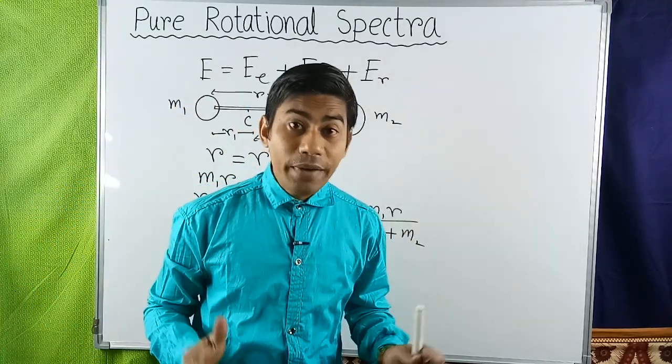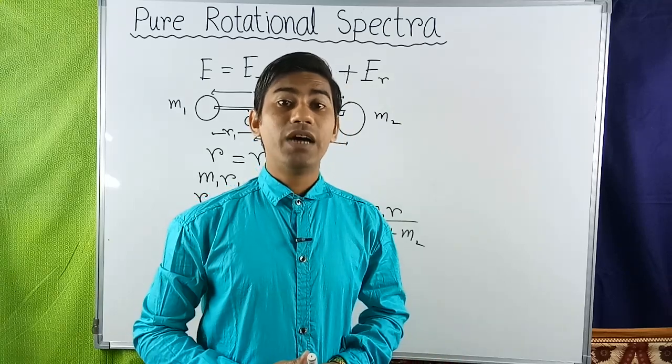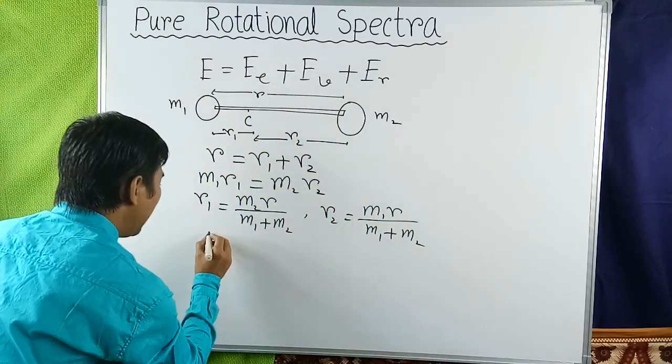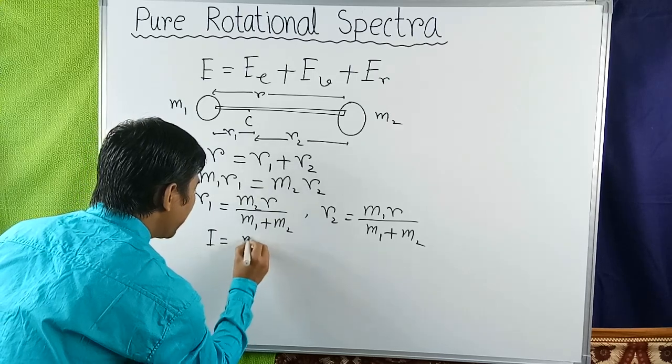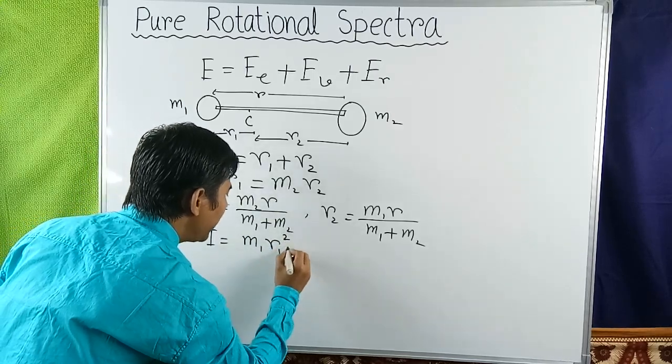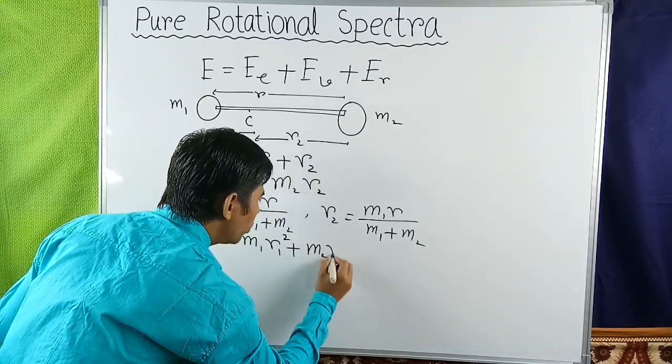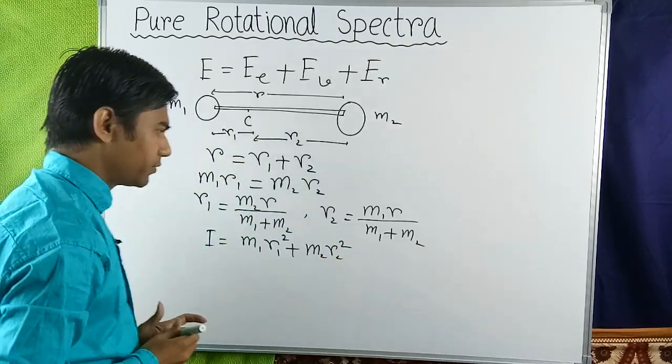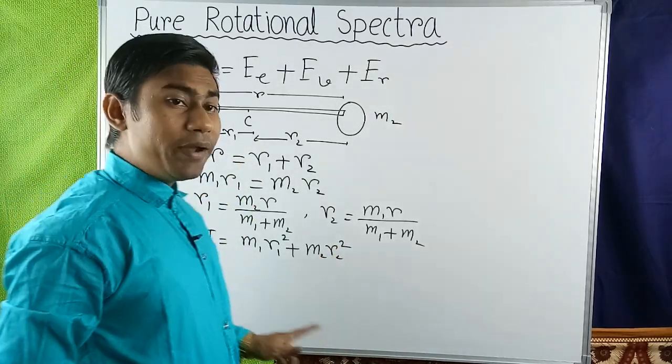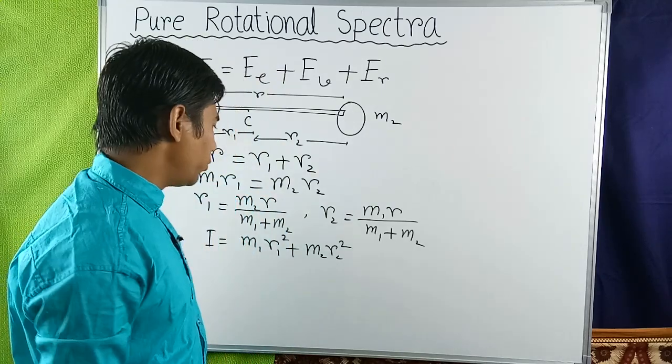So the moment of inertia of the molecule is I = m1 r1² + m2 r2². This is the moment of inertia of the molecule.